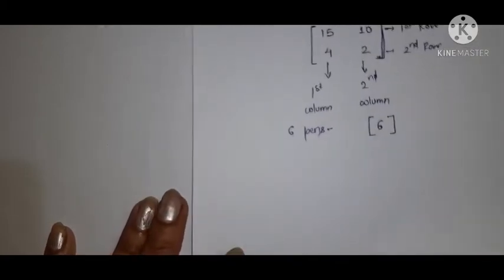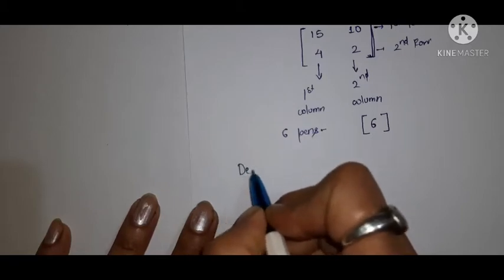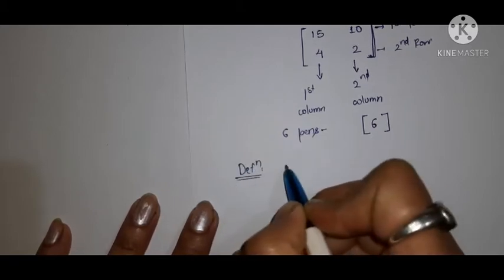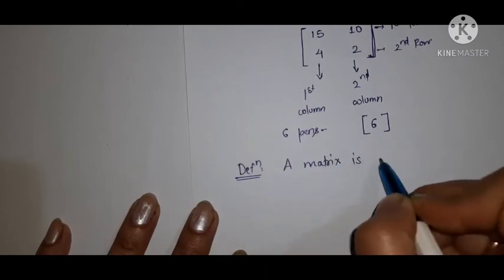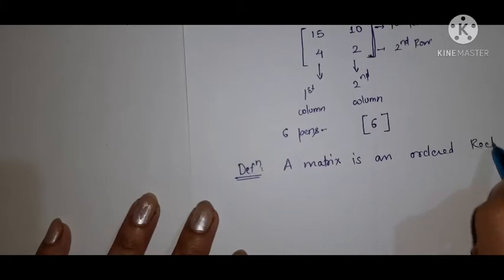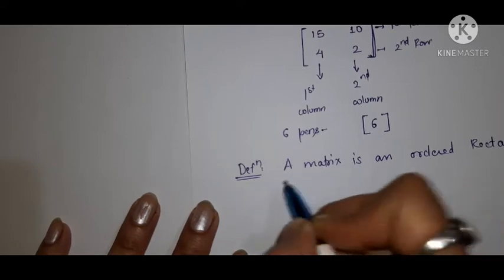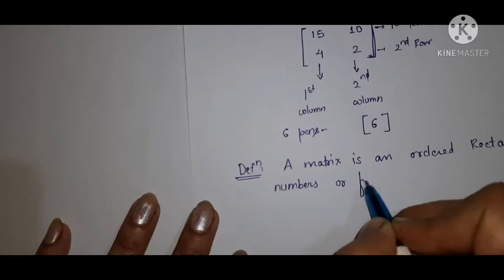The mathematical definition of matrix is: a matrix is an ordered rectangular array of numbers or functions.